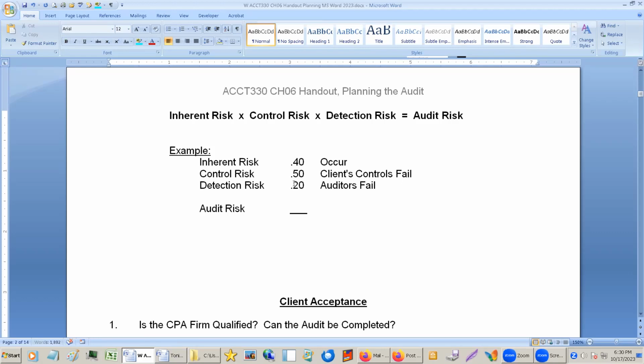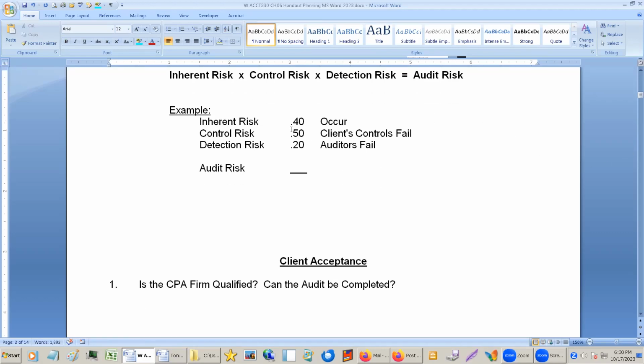Okay, so inherent risk is the risk that it'll occur. Control risk is the risk that the client's controls will fail, and then the detection risk. So this is what this would look like. Okay, so here's what we do.